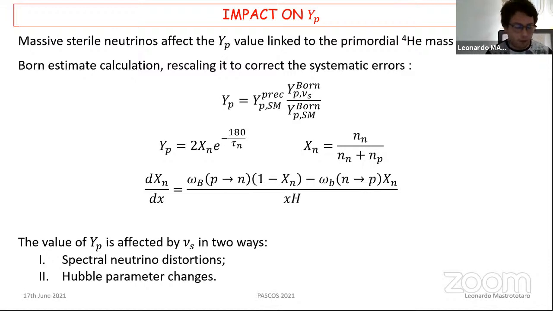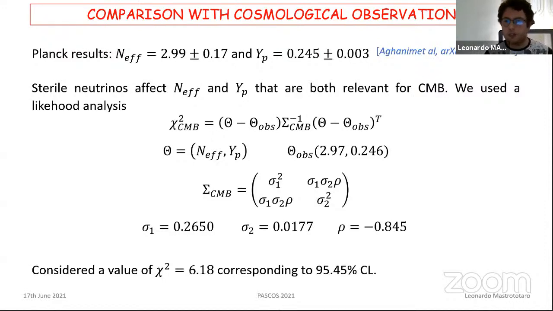So, having obtained epsilon p and N_eff, we have used them to constrain the sterile neutrino parameter space using the Planck values. For BBN we have used the Planck value of epsilon p, that is 0.245, and for the CMB, we have used a likelihood analysis that takes into account N_eff and epsilon p, as one can see in the system on the slide. All the bounds that I will show are at 2 sigma confidence level.